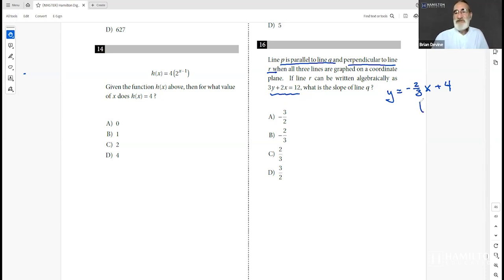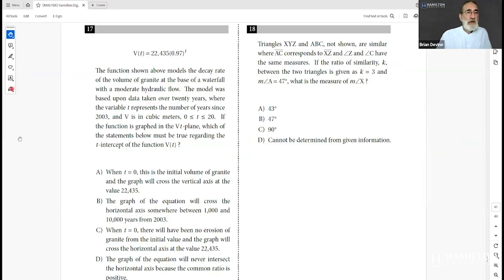And so I see the slope of R is negative 2/3, which tells me right away that the slope of both P and Q must be the opposite reciprocal of that, which would be 3/2. So D is the correct answer.